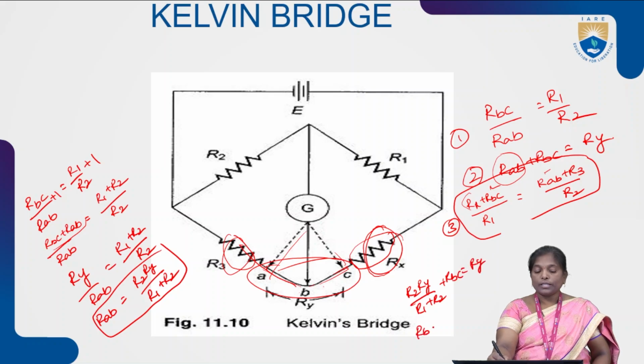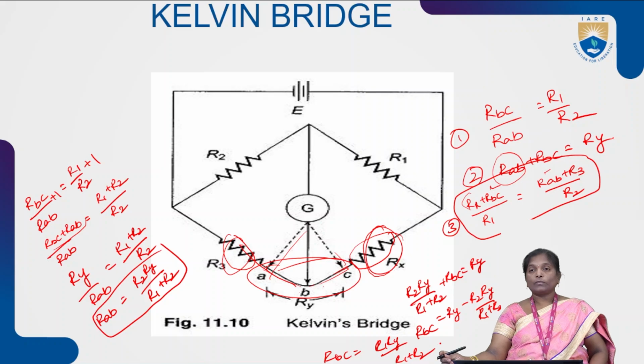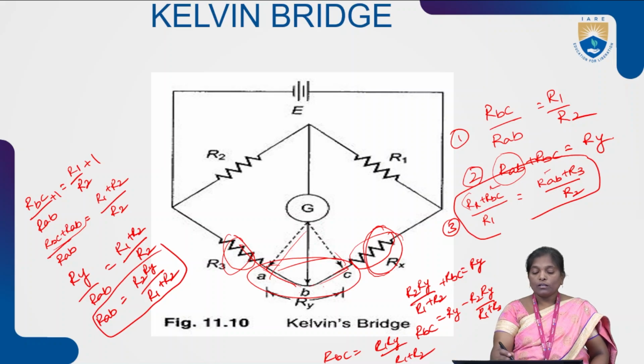Then RBC becomes RY minus R2 RY by (R1 plus R2). By taking the LCM here, we get the expression for RBC as R1 RY by (R1 plus R2). So, if you observe here, RBC equal to R1 RY by (R1 plus R2).